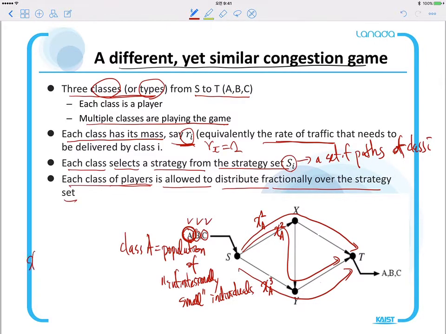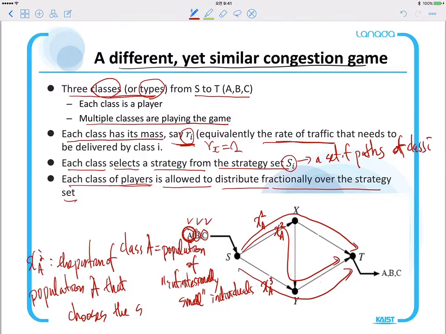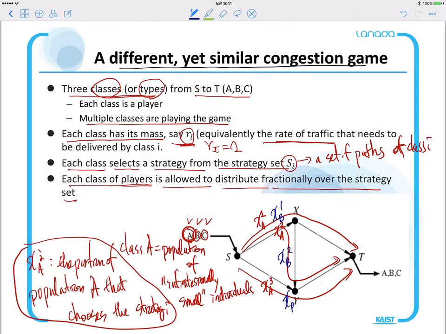Now what is X_AI? That's the portion of population A that chooses the strategy I. And we can similarly define X_B1, X_B2, X_B3.